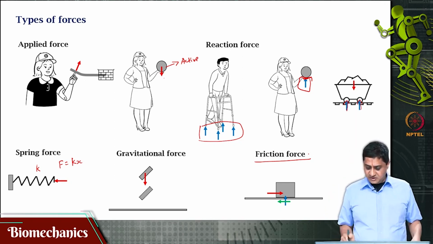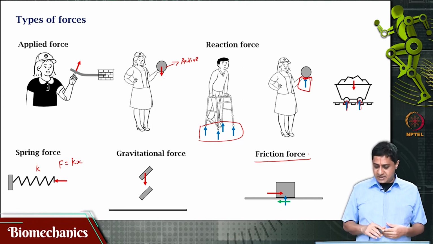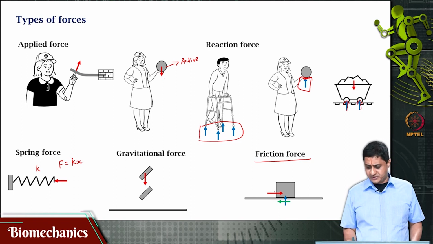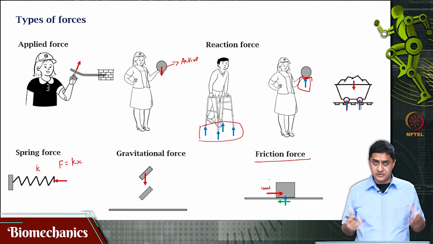So here what is shown is there is a block on a table or on the floor that is being pulled or pushed in a particular direction. So that is this force shown in red, let us call this 100 Newton force being applied on this block, for example.